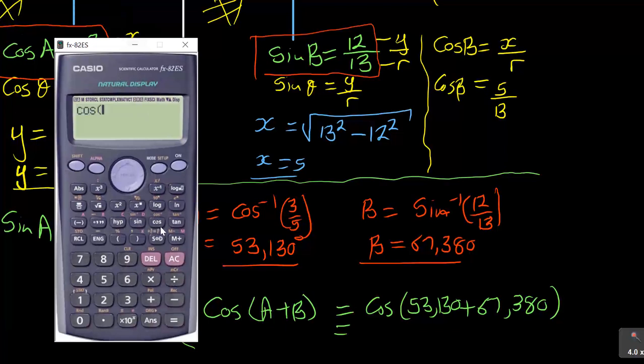If I say cos 53.130 plus 67.380, when I do that, I get an answer of minus 0.508.